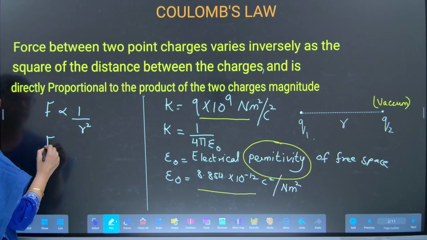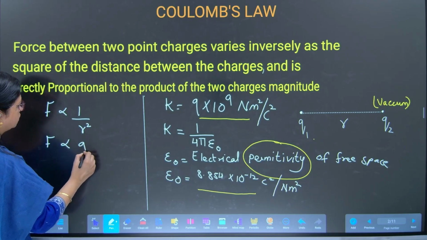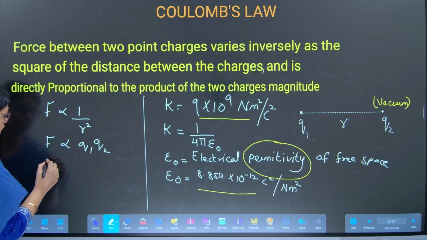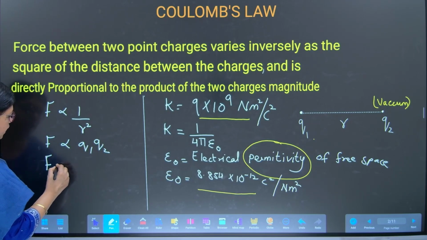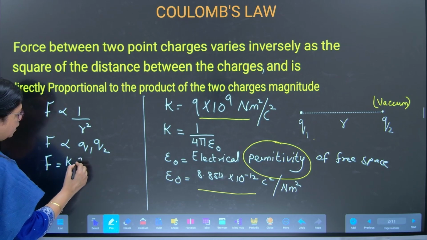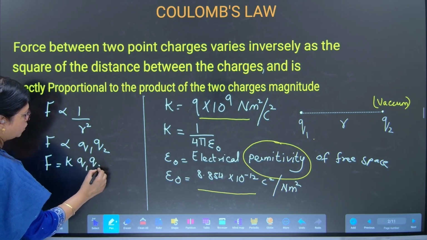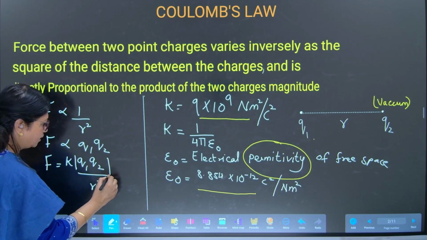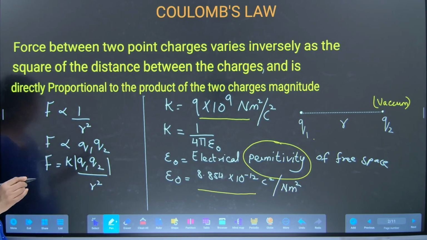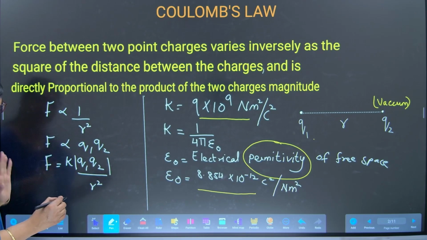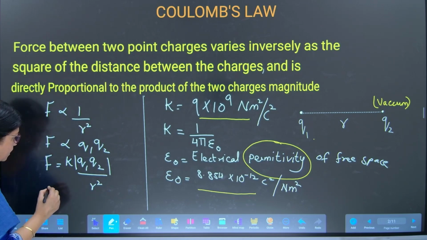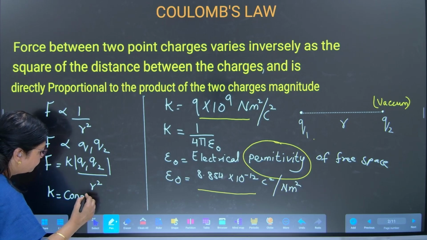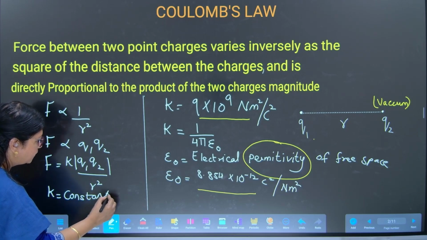Can be written as F directly proportional to Q1 Q2. Combining these two proportionalities, we have F is equal to K |Q1 Q2| upon r square, with a modulus on Q1 and Q2 indicating that we are only interested in the magnitude right now of the charges, where K is a constant of proportionality.